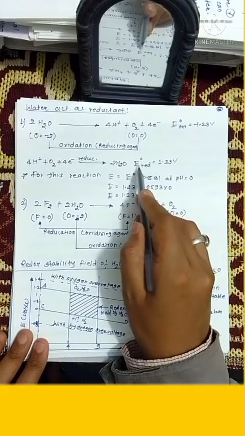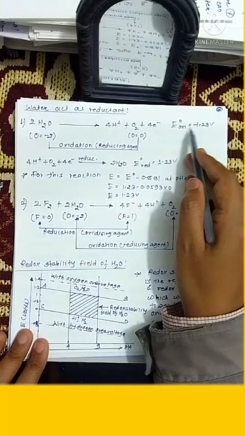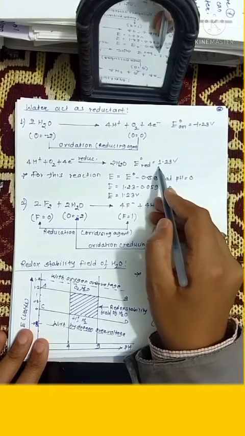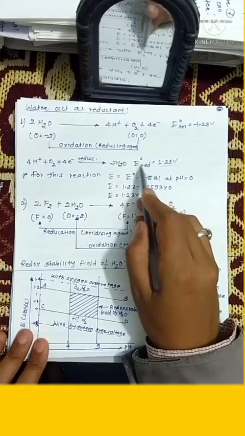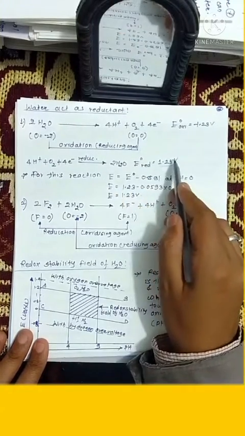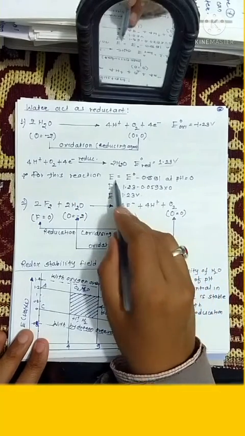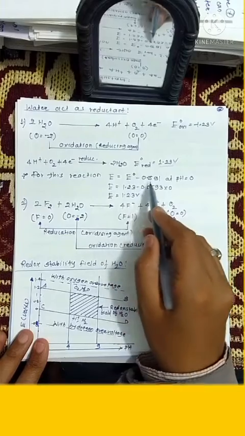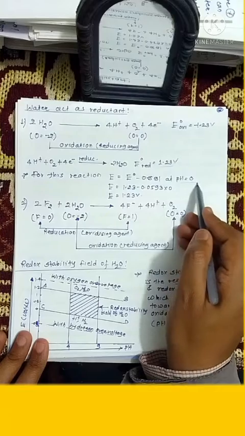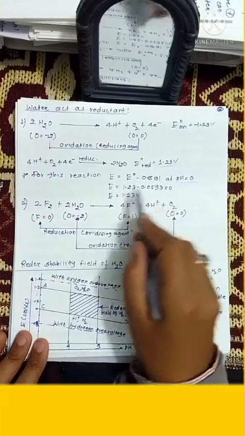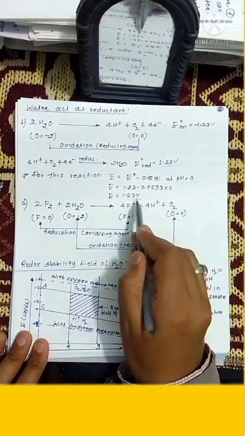While writing the standard reduction potential, just change the sign of the oxidation potential. The value is the same, so the standard reduction potential of this reaction is 1.23. Now for this reaction, E is equal to E0 minus 0.059 pH. So at pH 0, E is equal to 1.23 volt.